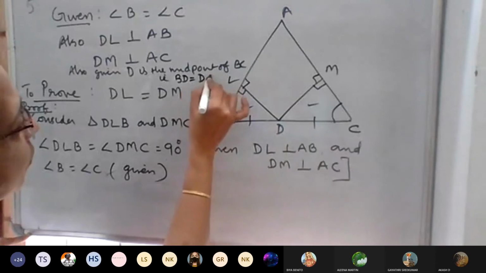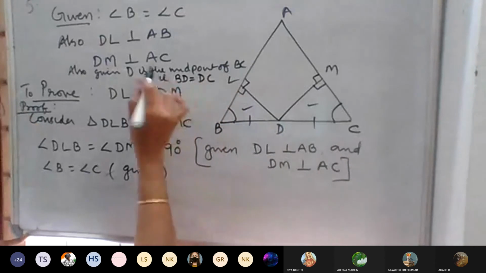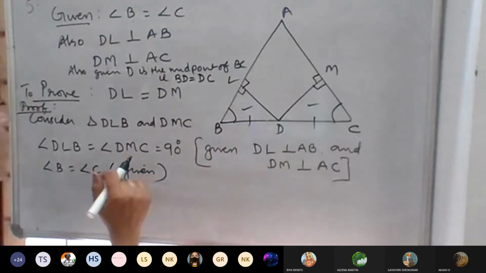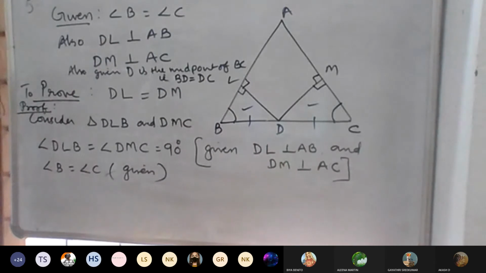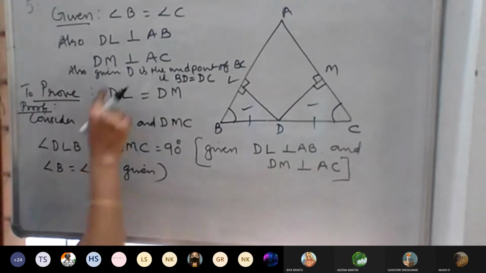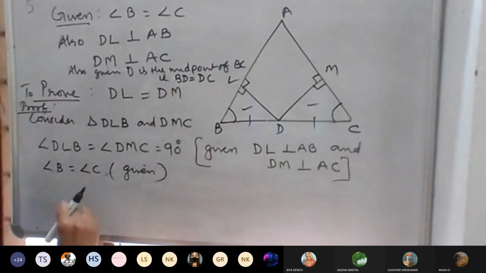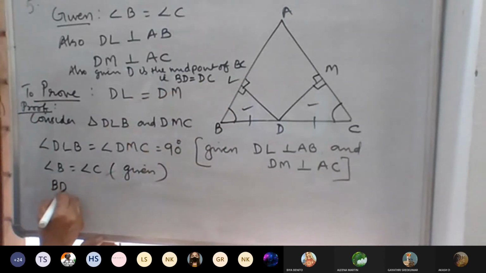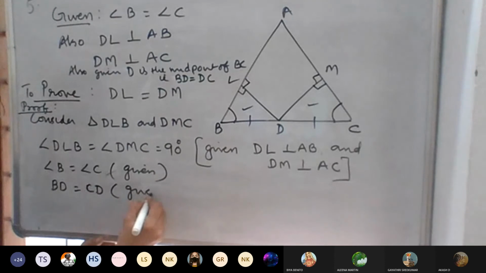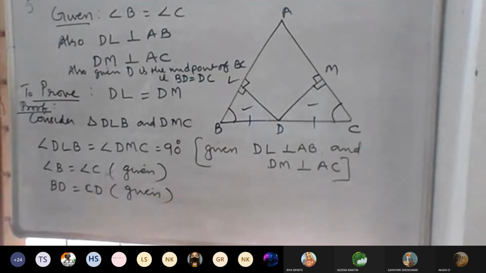So one more point you have to add in the given part. The third point we can write: BD is equal to CD, given. So we got 3.